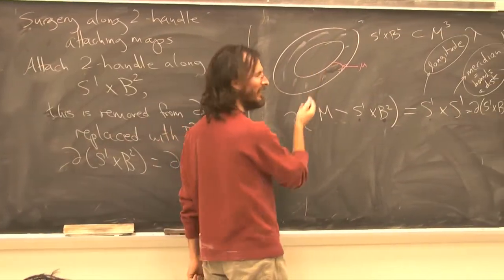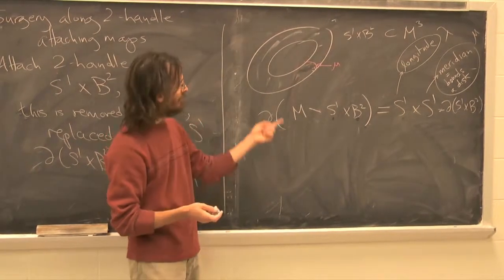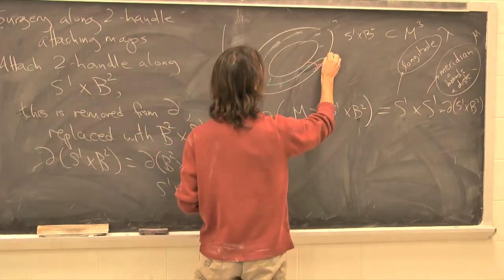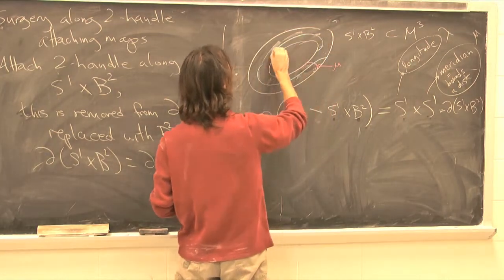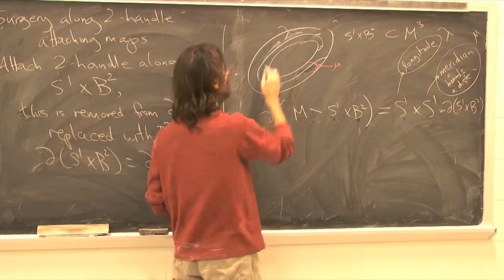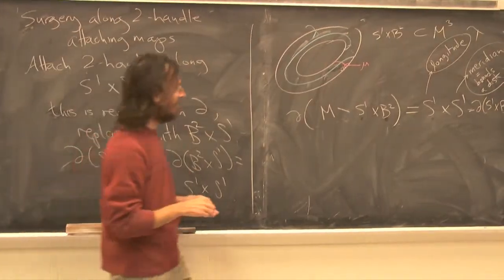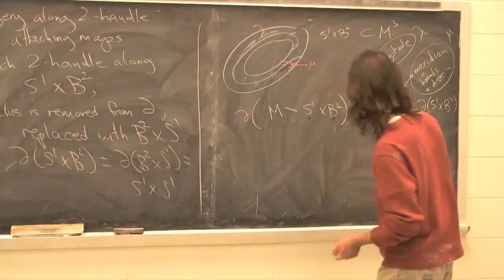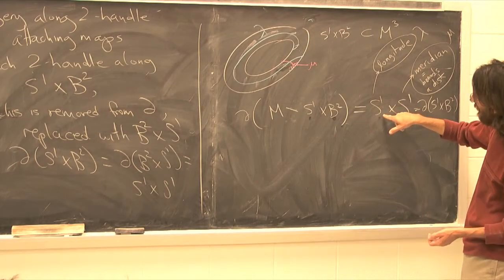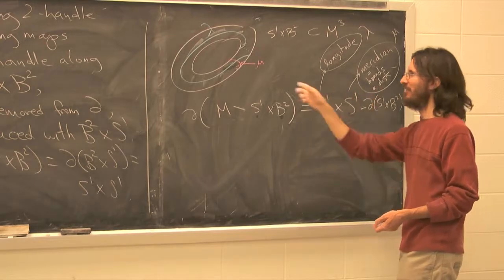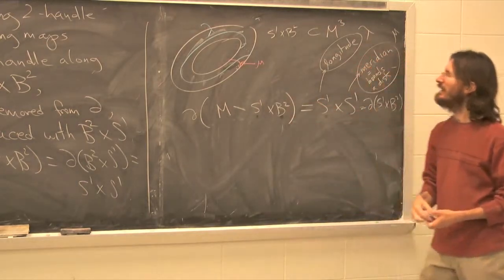And depending on what framing I chose, that push-off will look different. It might wind some number of ways around. So this might be like this. Okay. And so lambda, in other words, what I'm drawing really is S1 cross the point. Of course, the whole boundary is foliated by that.